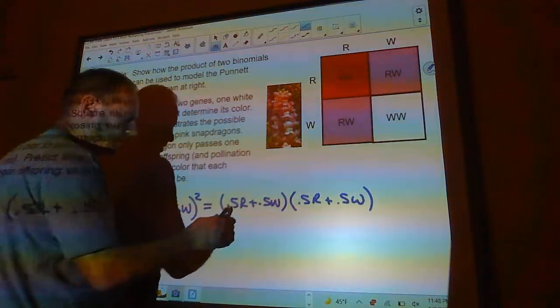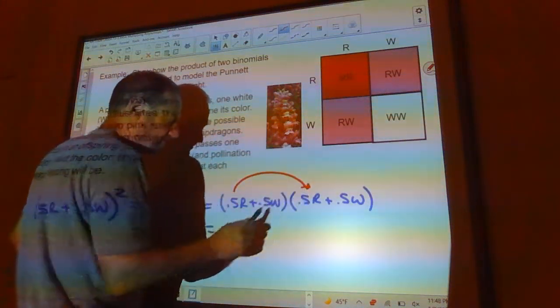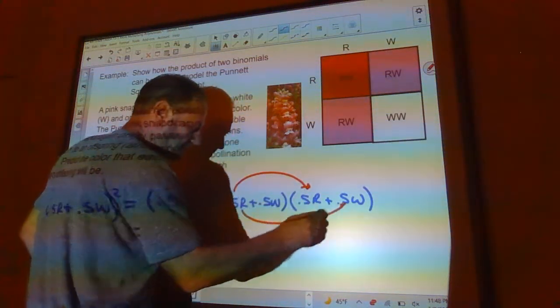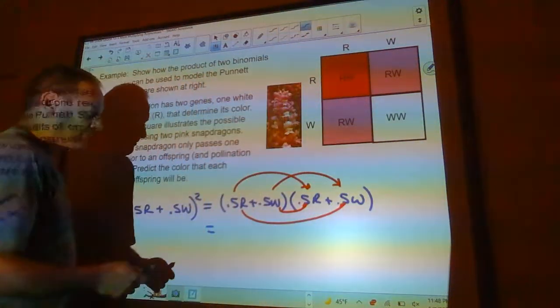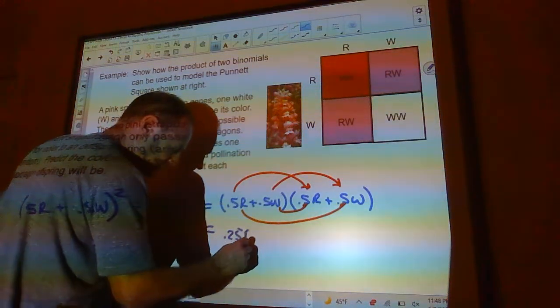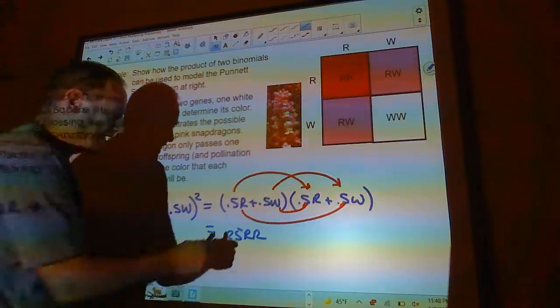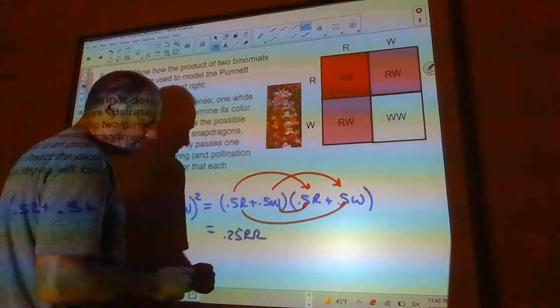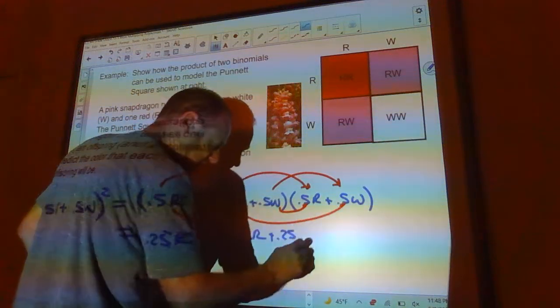Okay, so if I FOIL this, first, outside, inside, last. Okay, so first, 0.5 times 0.5 is 0.25, and I get RR. Okay, outside I get 0.5 times 0.5, that's 0.25, but it's RW.